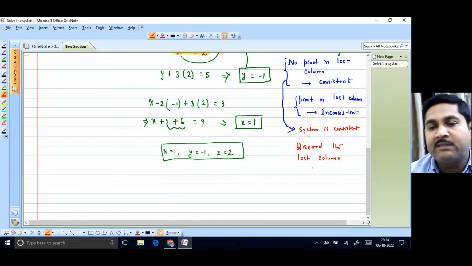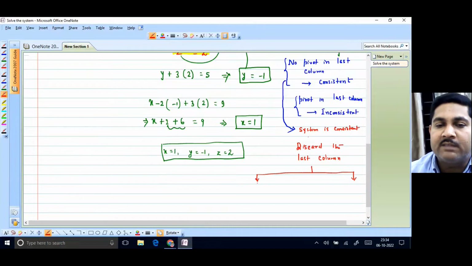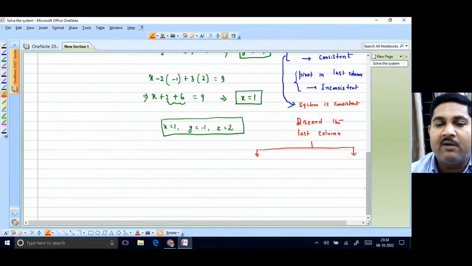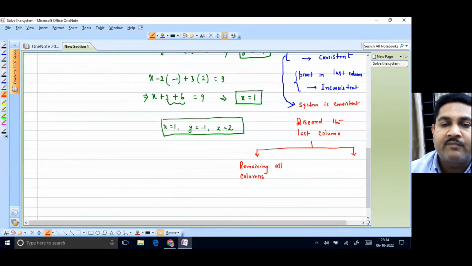I will discard the last column. And once I discard the last column, there may be two cases. The first case is that all remaining columns have pivots.